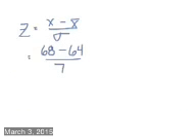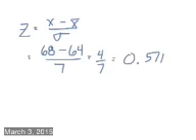What's 68 minus 64? 4. What's 4 divided by 7? 0.571. Okay. That's probably good enough.